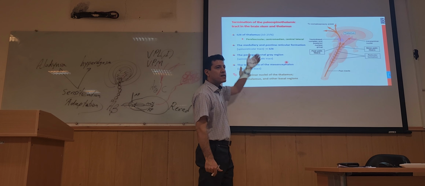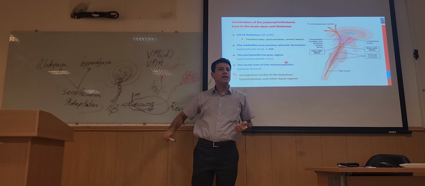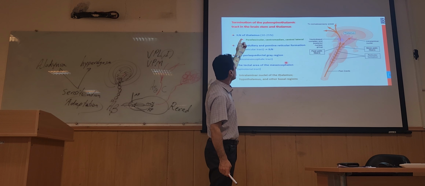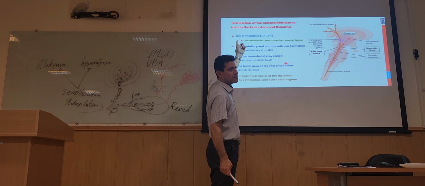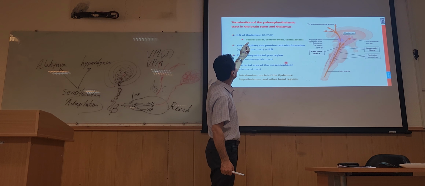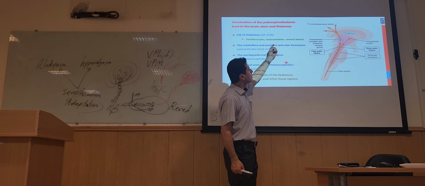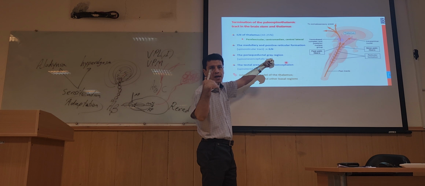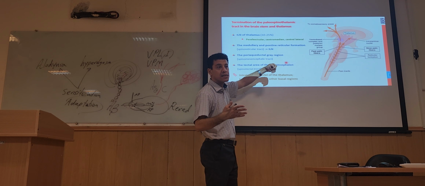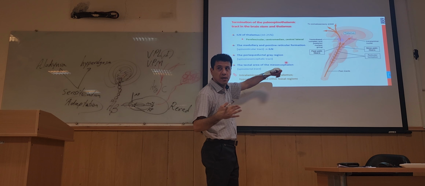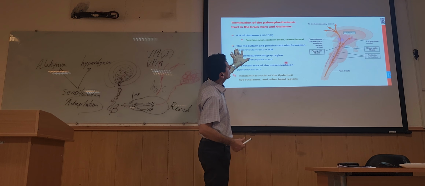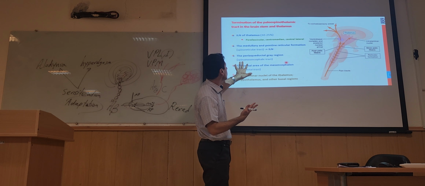In the thalamus, they don't go to VPL or VPM. They mainly go to the intralaminar nuclei, which include paraventricular, centromedian, and central lateral. These are different nuclei in the thalamus. We call them non-specific, versus specific nuclei.